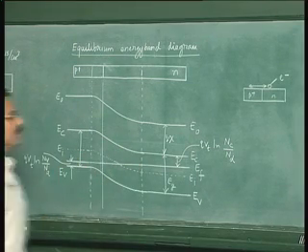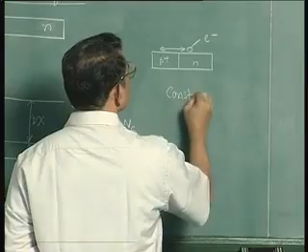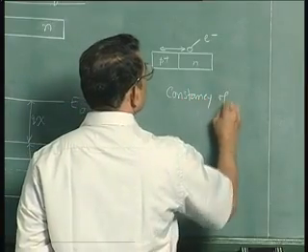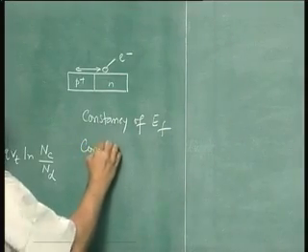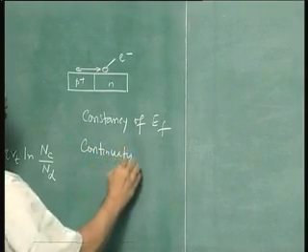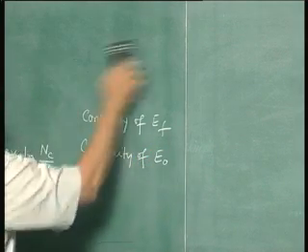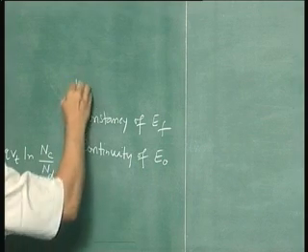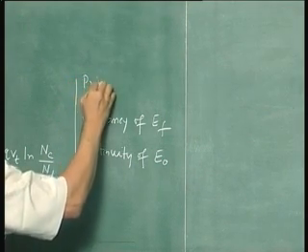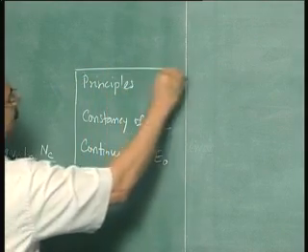So we can summarize this by writing the two principles: constancy of EF and continuity of E naught. So these are the principles for drawing energy band diagram.